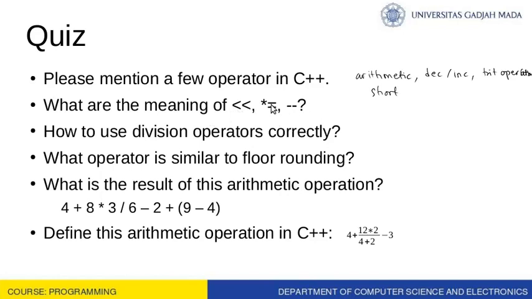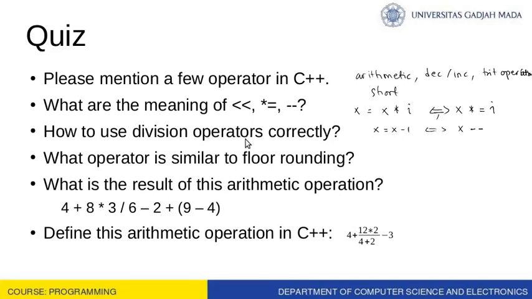And then this one is x equal to x multiplied by something, suppose I. So if I have x multiplied by equal I, this is similar. This one, x minus minus, is x equal to x minus 1, decrement.